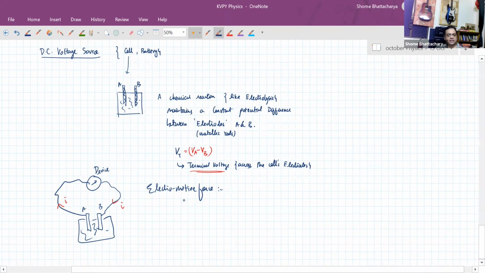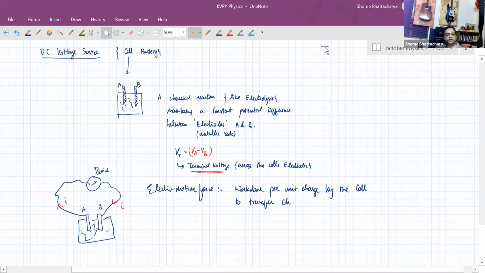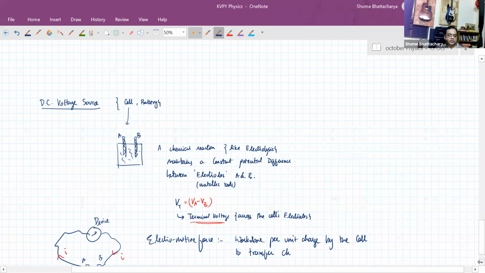So in that process, the electromotive force is defined as the work done per unit charge by the cell to transfer charge across its electrodes.